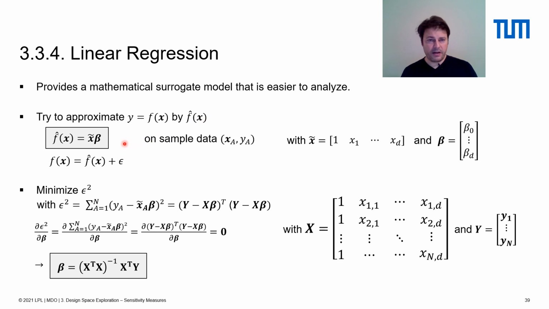And we do that by assuming a linear structure for the surrogate model. And this is appropriate, of course, only when your black box function is behaved well enough that you can do that. So if you have a strongly nonlinear black box function, then this of course doesn't work.